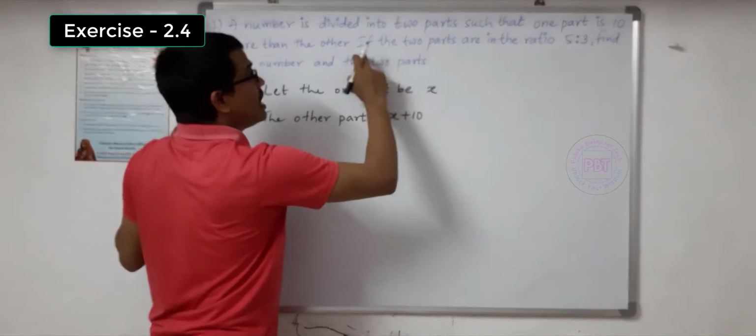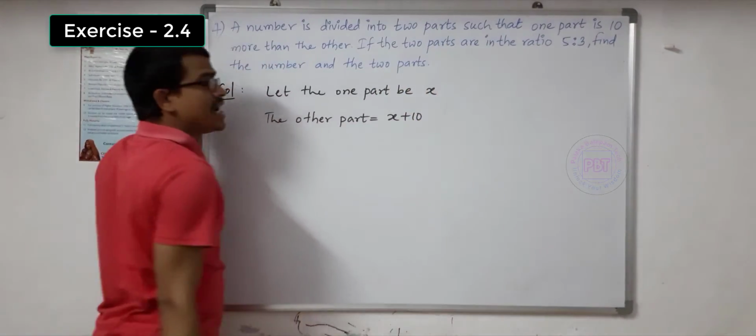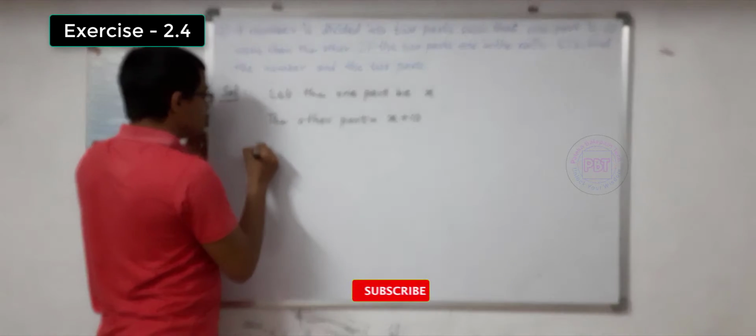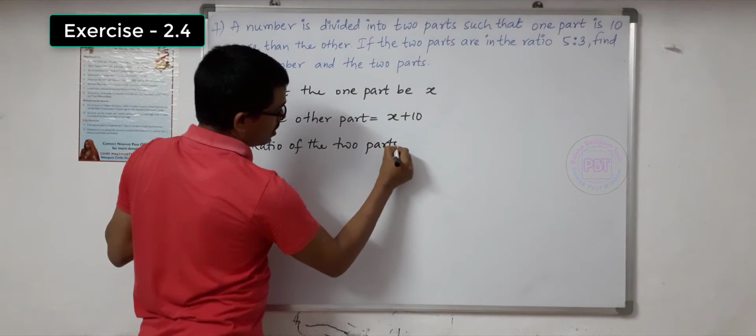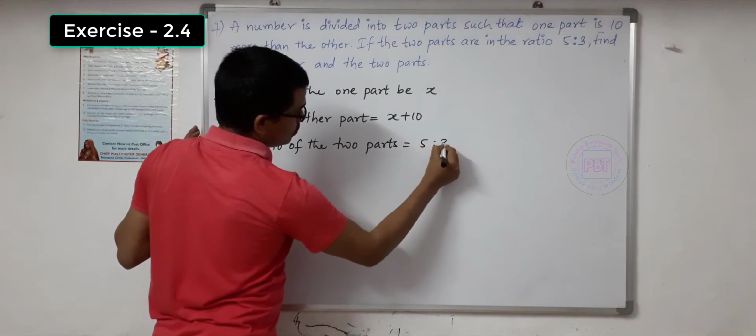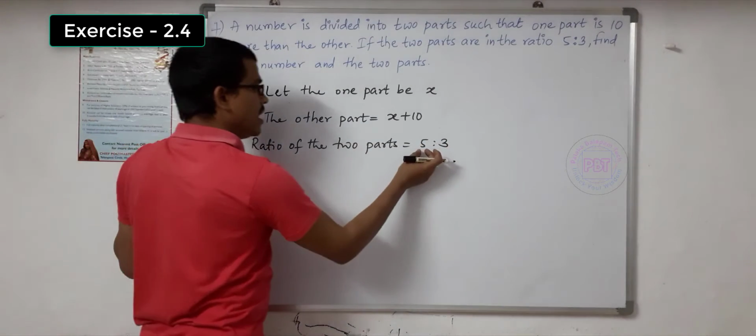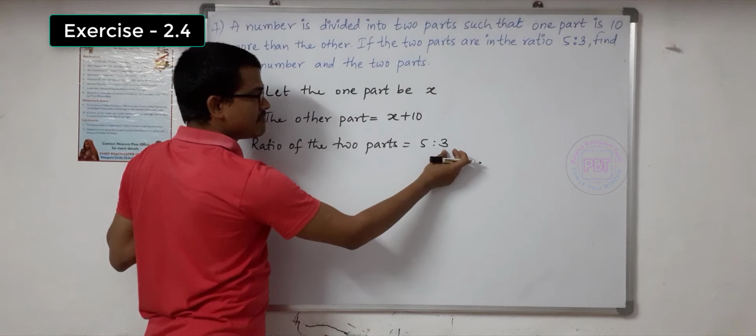Now if you observe, according to the question, the two parts are in the ratio 5:3. Write that ratio of the two parts equal to 5:3. Here 5 is the greater part, 3 is the smaller part.